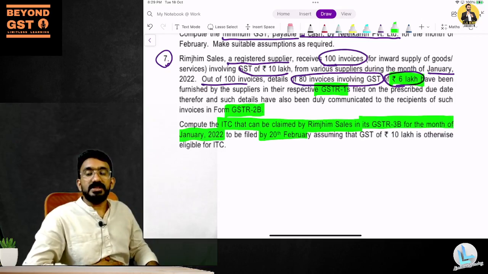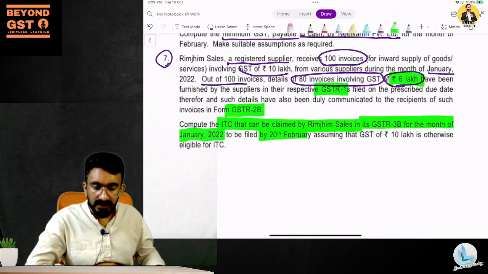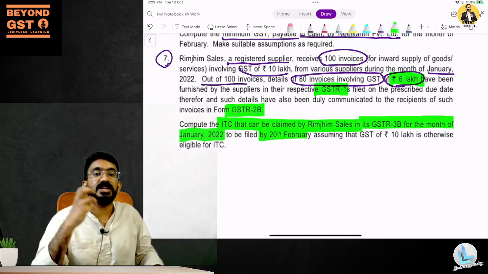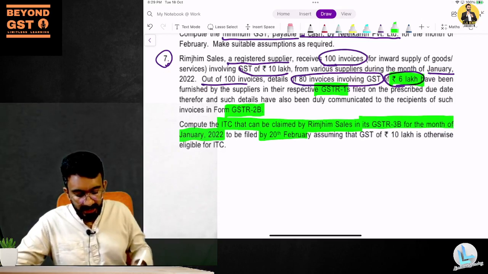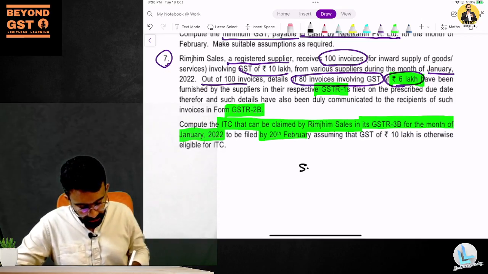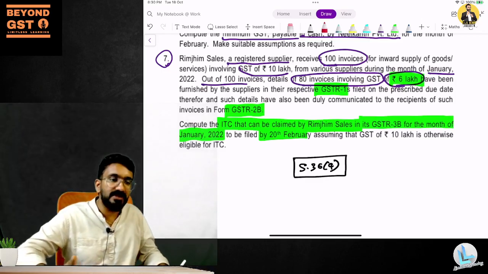Now, what is the change that we have in this particular case? Earlier, we could take 5% extra credit. Okay, so this is testing which area? Section 36(4). This now is more or less irrelevant because it was giving you extra credit.